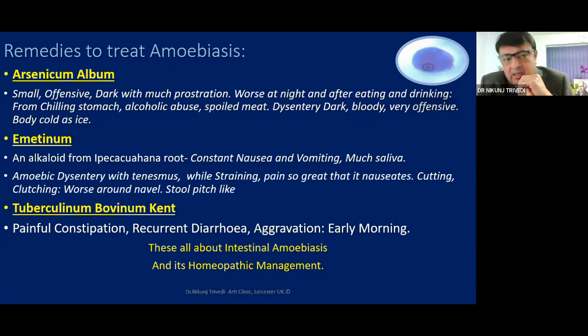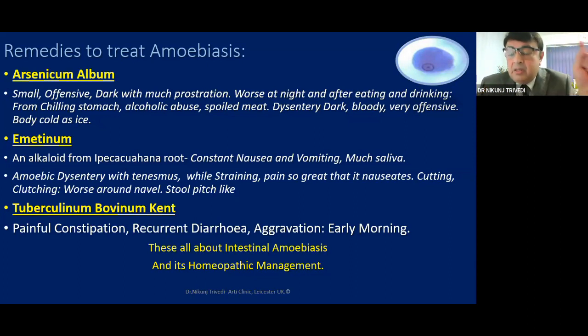E. histolytica is always causing diarrhea and passage of mucus, but E. hartmanni is always responsible for causing constipation. And sometimes mixed infection causes diarrhea and constipation alternating. So Tuberculinum bovinum for painful constipation.